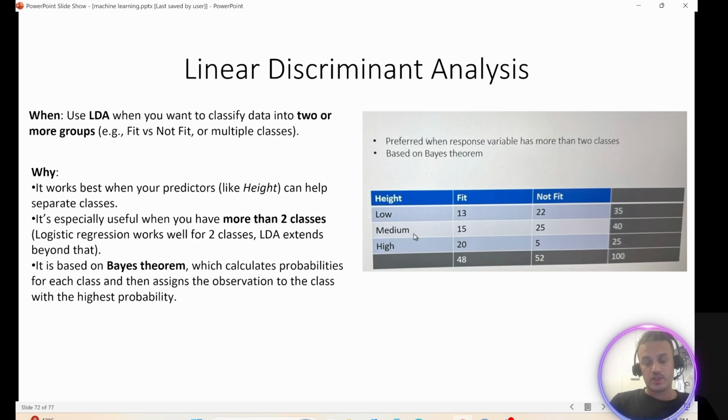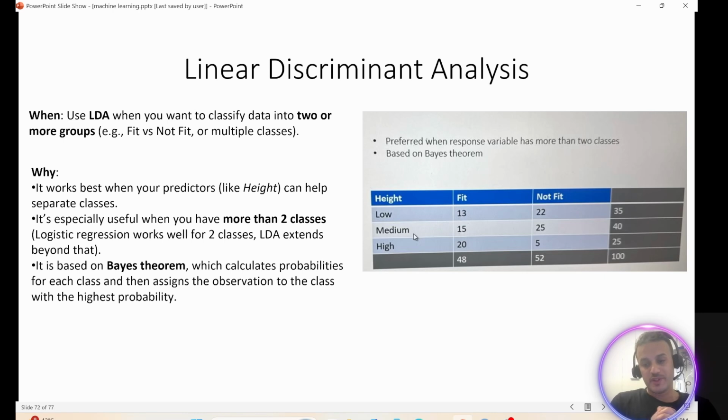In the logistic regression that we described in the last video, we describe the data only if it's two classes, 0 and 1. In linear discriminant analysis, it can describe two or more classes. For example, it also can describe a fit or not fit data sample.